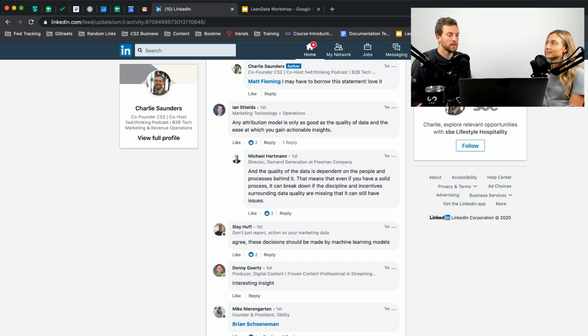Totally. Yeah, so Ian Shields here, any attribution model is only as good as the quality of data and the ease at which you gain actionable insights. Now, completely agree. I mean, it's all about, why do you need data, right? And why do you need analytics? To be able to make decisions, to get insight into what's working and what's not working.